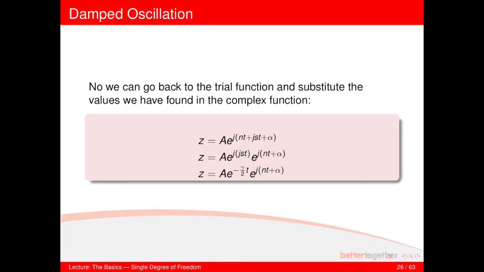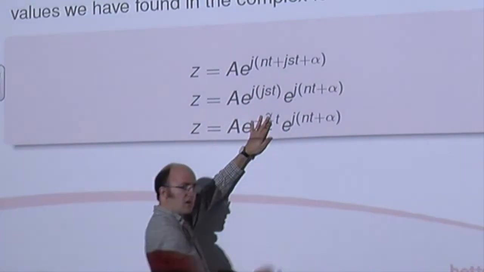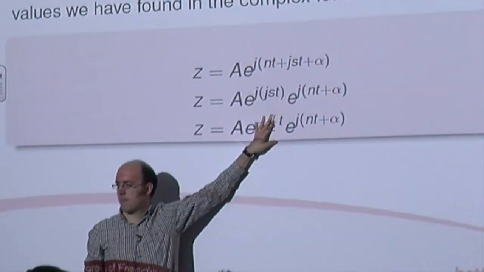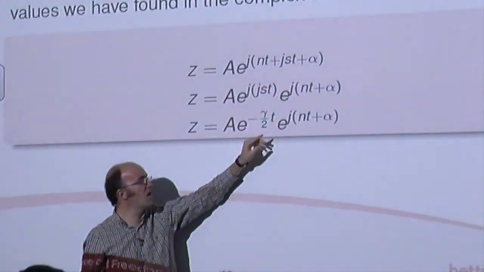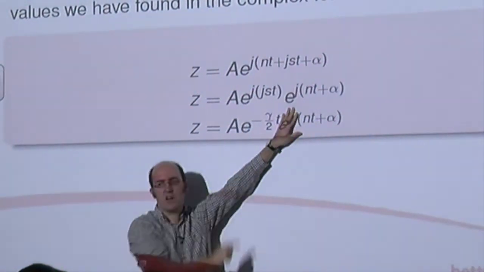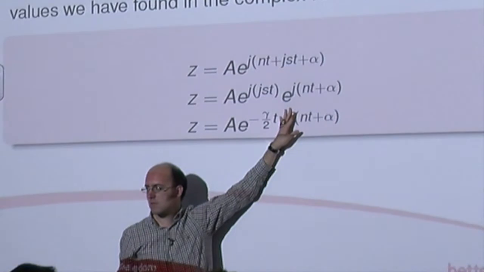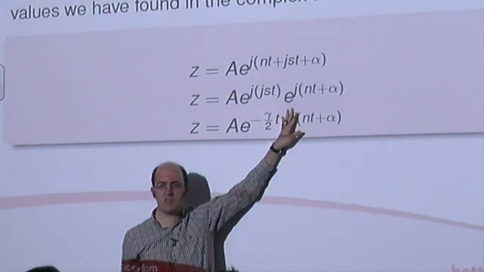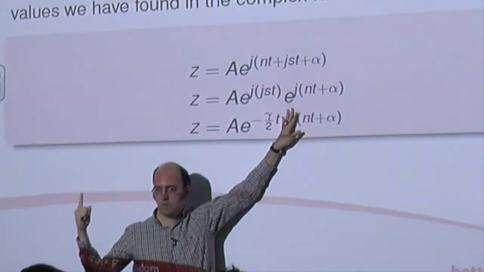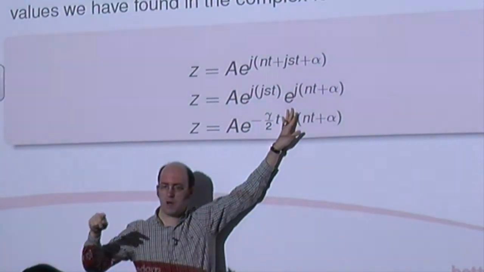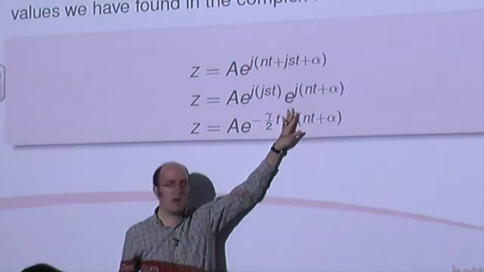Now notice we've got the multiplication of two exponential parts. One of them is an oscillation, this one here. That's what we just covered. This one, what's going to happen as t goes up? When t is 0, what's e to the 0? 1. As t goes up, what happens to that term?